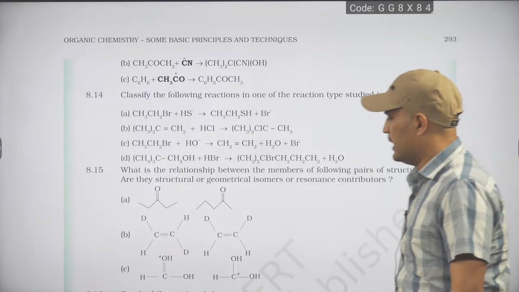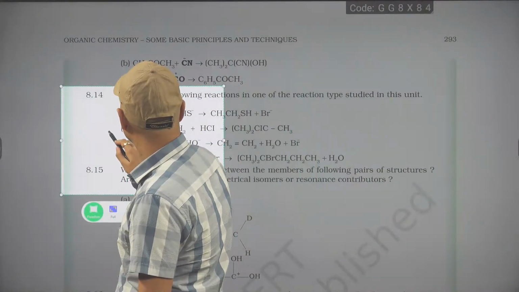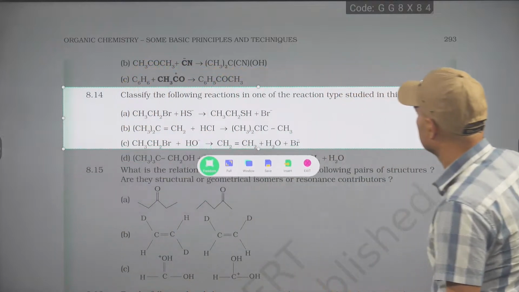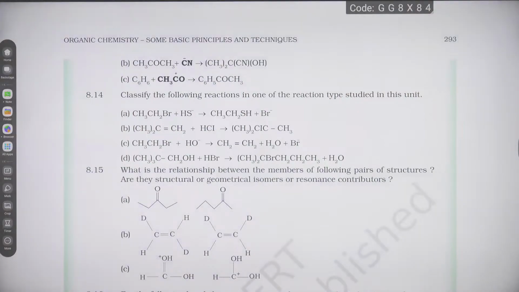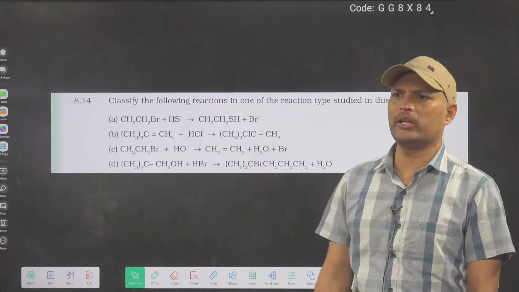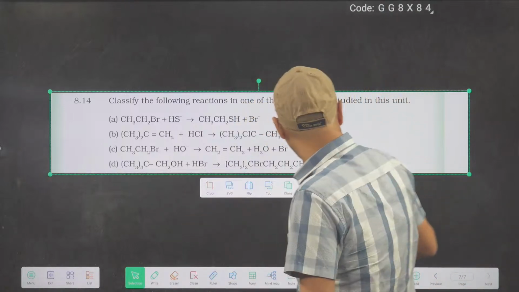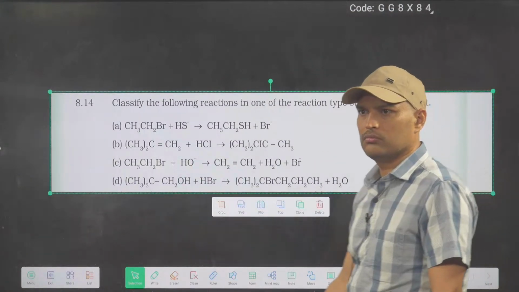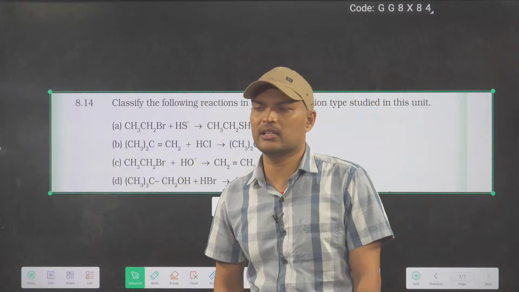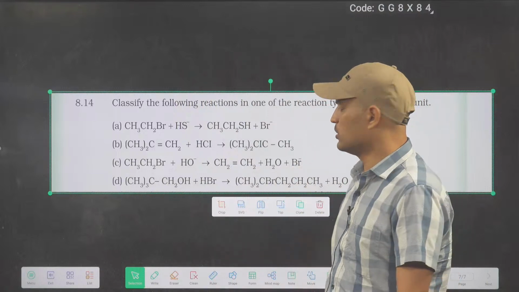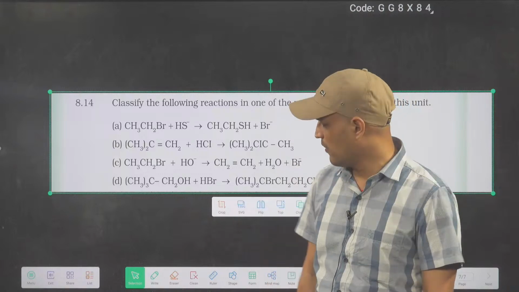Now see, there is next question also. 8.14. Now in this, so many questions are there. We are not going to do all. We have just given you the trailer, teaser of NCERT and the reactions and all, so that you can say something. The rest thing we will study in the class, in the offline part.